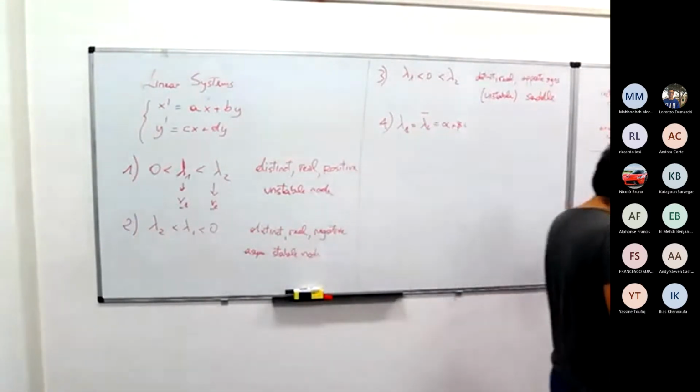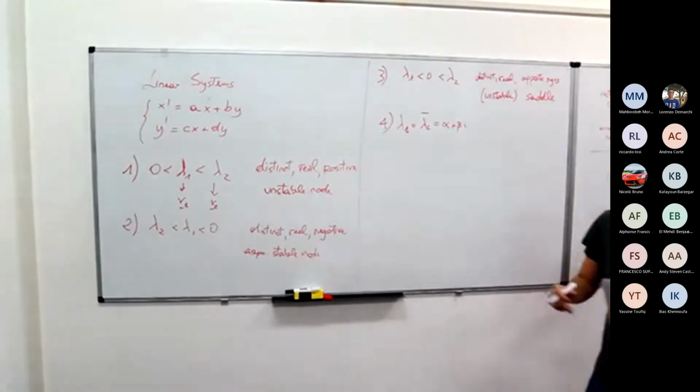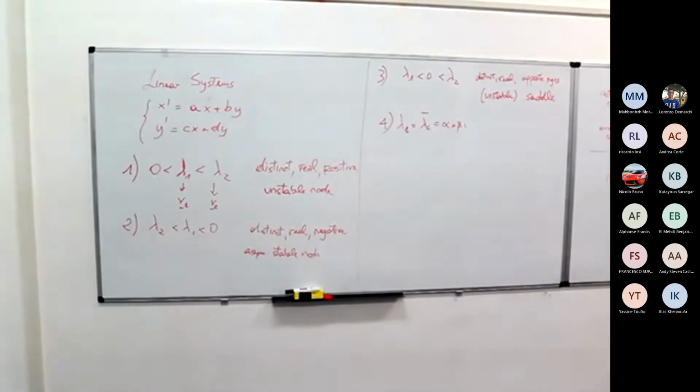Now let's consider the case in which the two eigenvalues are complex numbers.